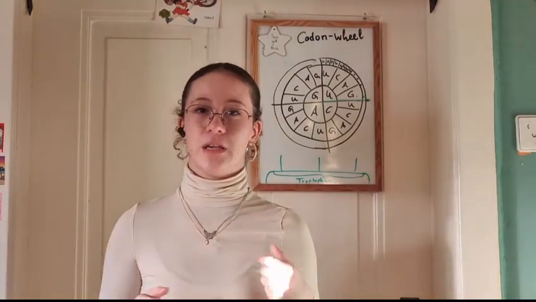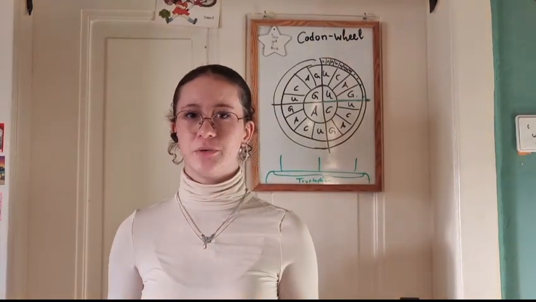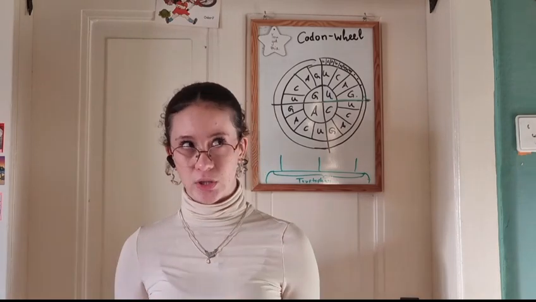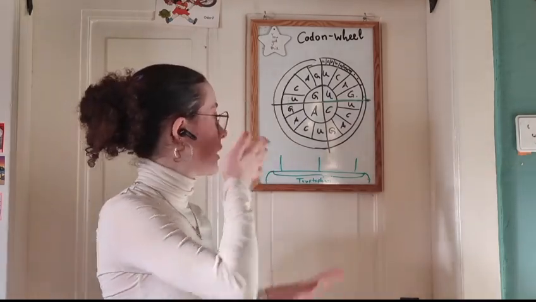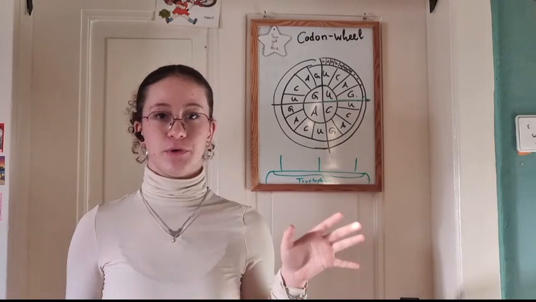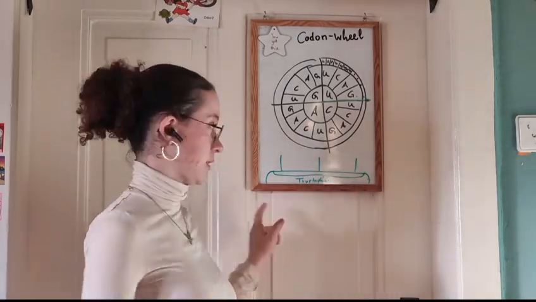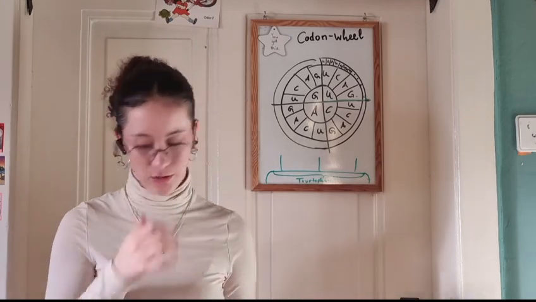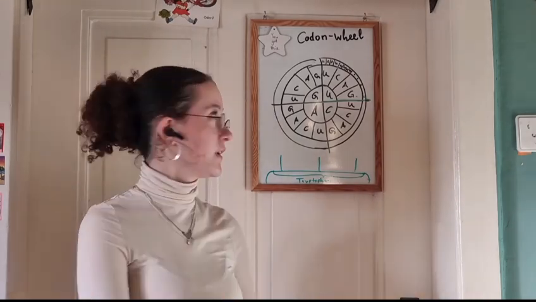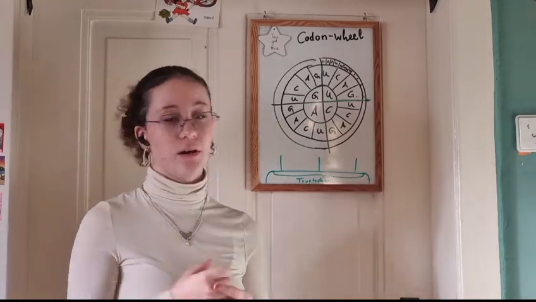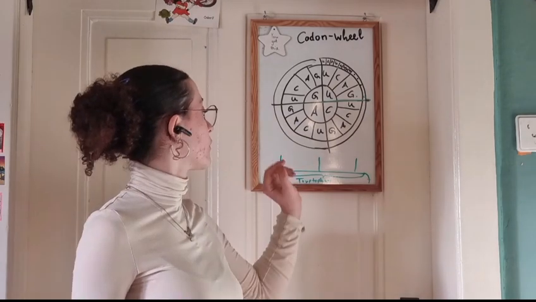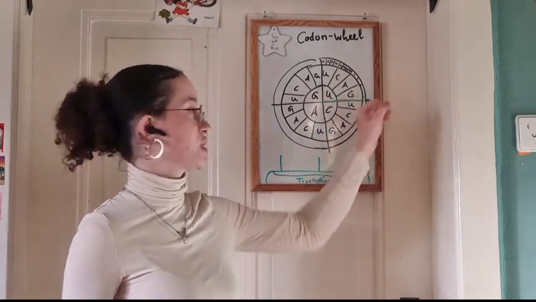So now we have the mRNA and that stuff, but we still have the tRNA and the amino acids, so it's not fully done yet. We can leave it like this, but this is not the mRNA anymore, it's not the tRNA, just so you're not confused. So we figured that the mRNA for tryptophan is UGG.